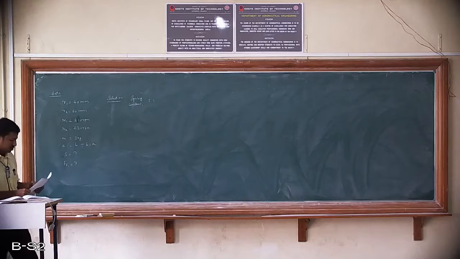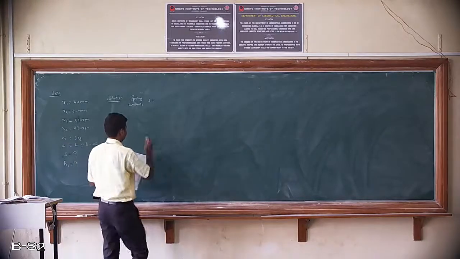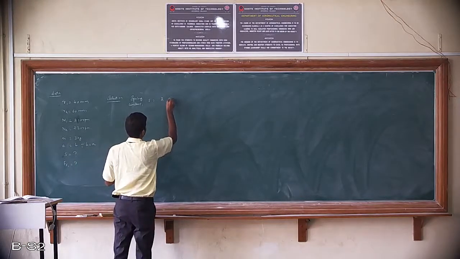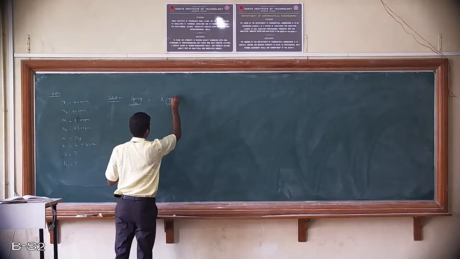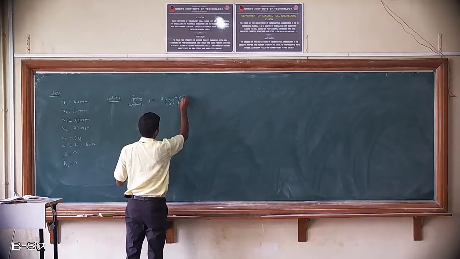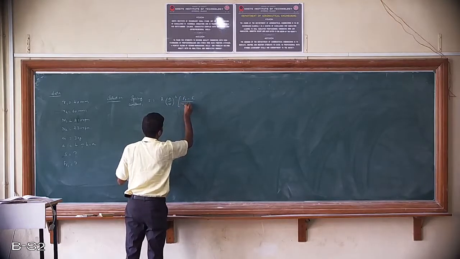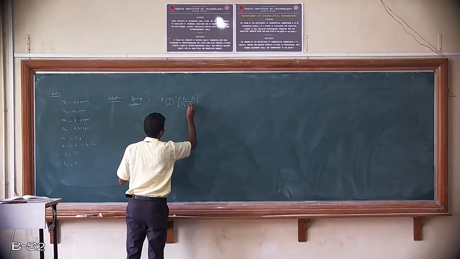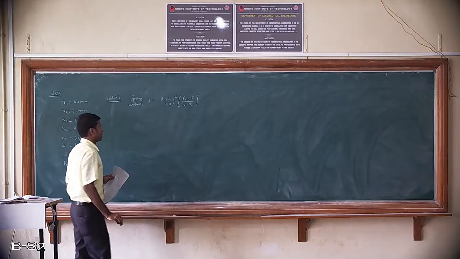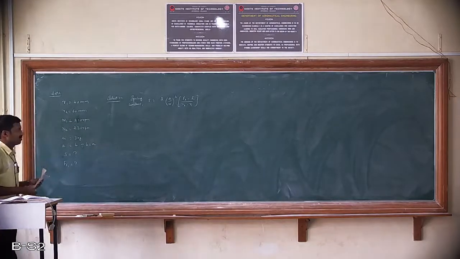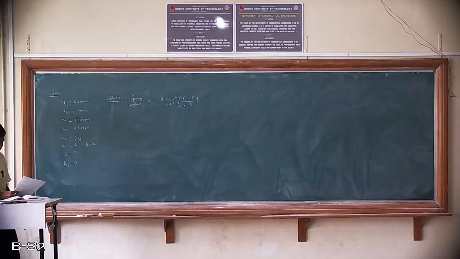So what is the equation for the spring constant? The equation is S equal to 2 into (A by B) whole square into bracket (F2 minus F1) divided by (R2 minus R1). This is the equation which we derived in the previous class.